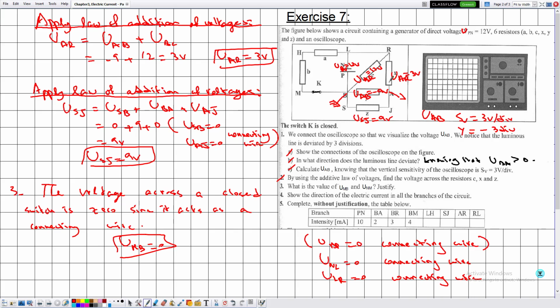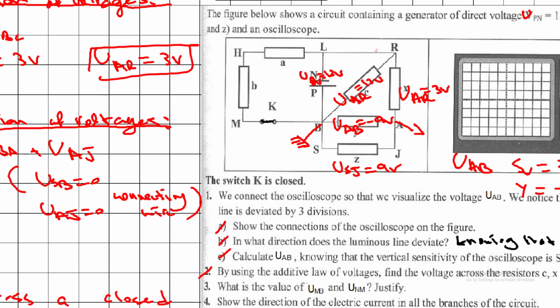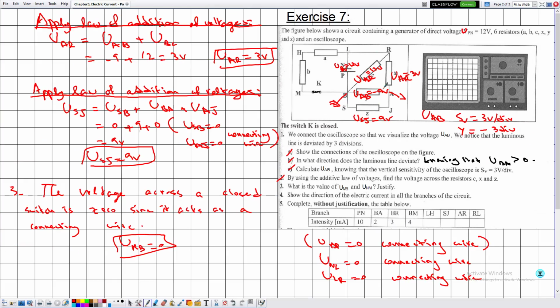And now we need to determine the voltage UNM, which is the voltage between the points N and M. So we can go from N to P, P to B, and B to M using the law of addition of voltages.